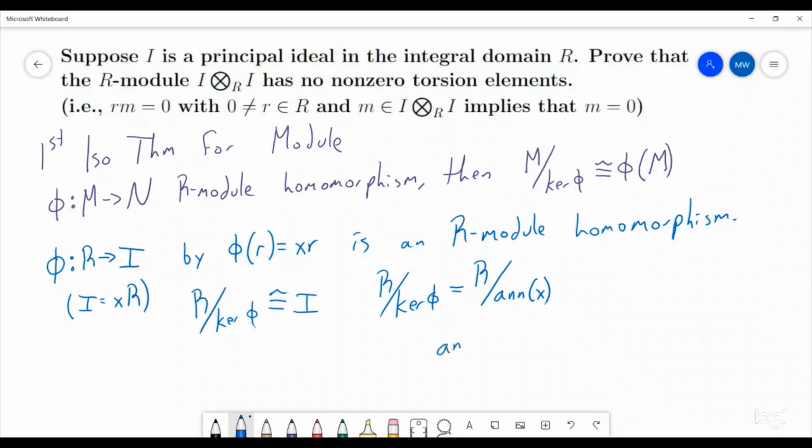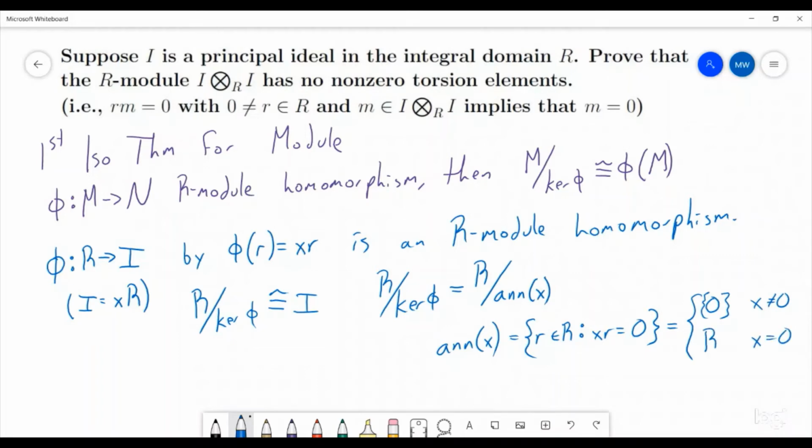These are the r's in R such that xr equals 0. Well, because we're in an integral domain, the annihilator of x has two different options. It's either 0 if x is not 0, or R if x is 0.